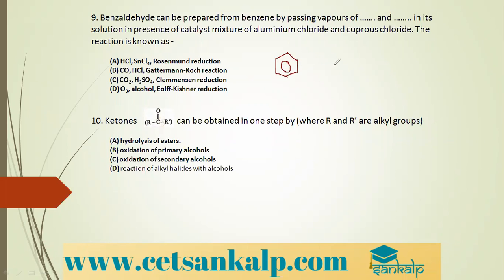And they are saying that benzaldehyde can be prepared from it. What they are saying is, by passing vapors of dash and dash in its solution in the presence of a mixture of aluminium chloride, AlCl3, and cuprous chloride, CuCl.